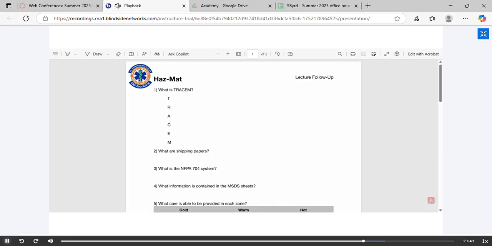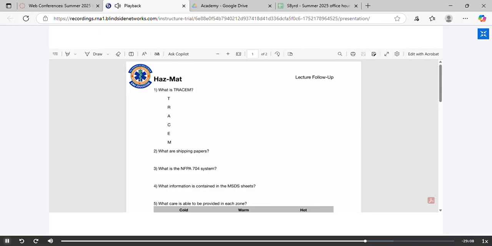And so whenever hazardous materials are being transported from one place to another, it is required by law, by the Department of Transportation, that they have what's called shipping papers, okay? And this will identify exactly what the substance is, the quantity of how much is being shipped, the origin, and the destination, okay? This is something that should be on every vehicle that's transporting hazardous materials, okay?